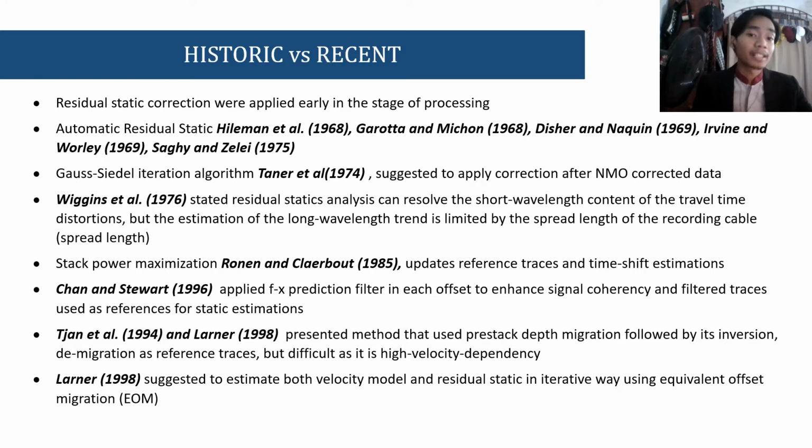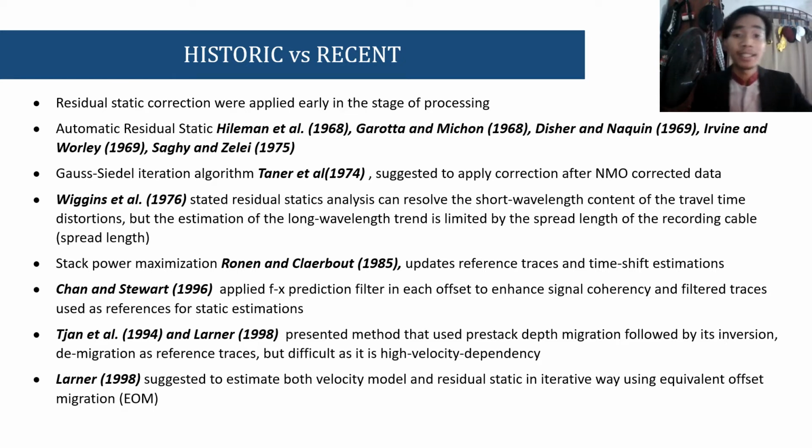Hileman et al. 1968, Garotta and Michon 1968, Disher and Naquin 1969, Irvin and Wall 1969, as well as Hagedoorn and Zelle 1975, presented methods for the residual static correction by using automatic residual statics.